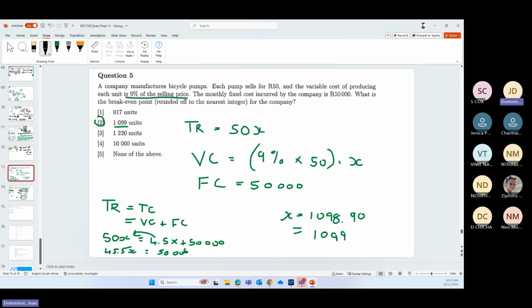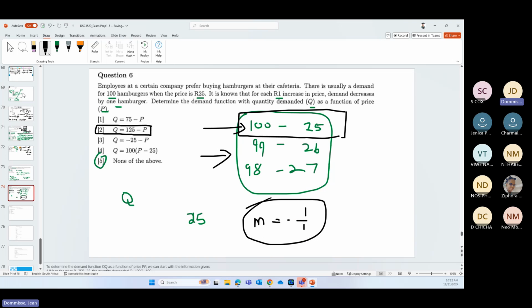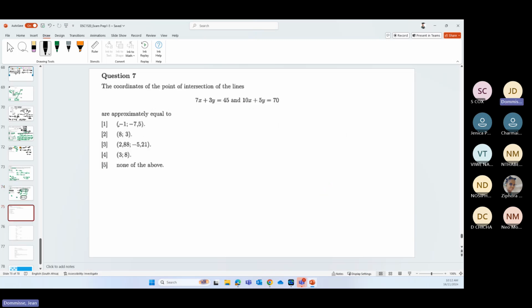Then we did a bit of total cost, fixed cost, variable cost, and from there, using the demand functions, you again need to work out basically a straight line. And you can look at it as a straight line, as y and x. I totally just blanked out on that one.